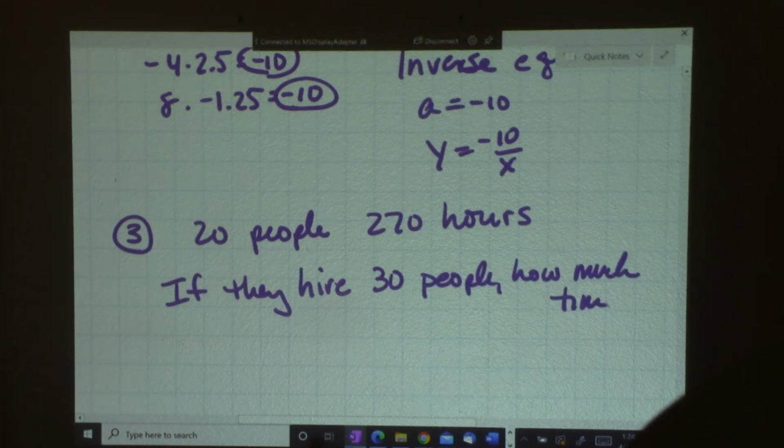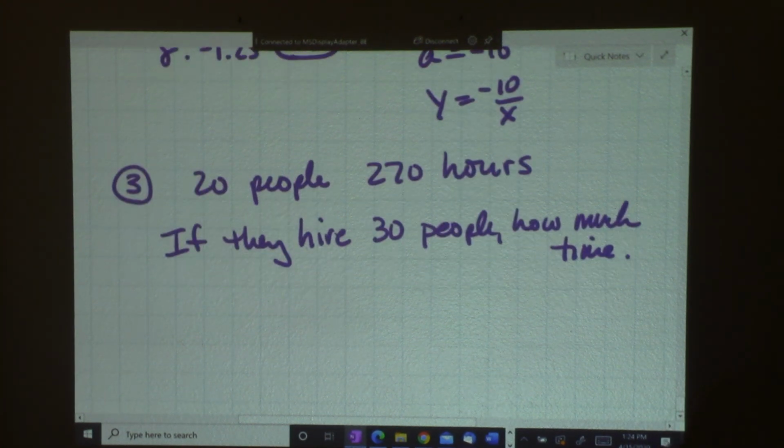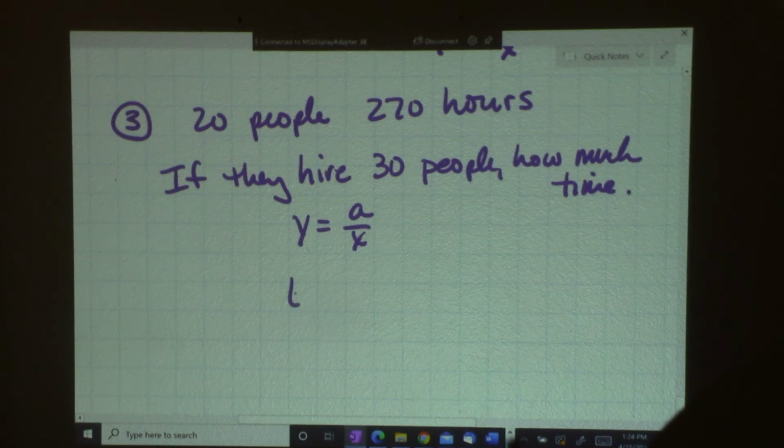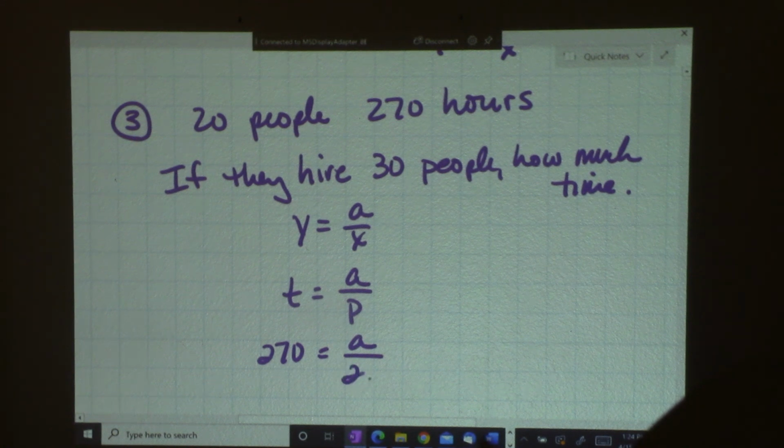So I'm really going to do the same thing that I've been doing. So I have y equals a over x, and I'm going to change y to time, and I'm going to change x to the number of people I need to do the job. So I have 270 hours, and I have 20 people.